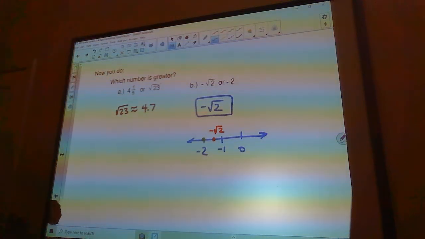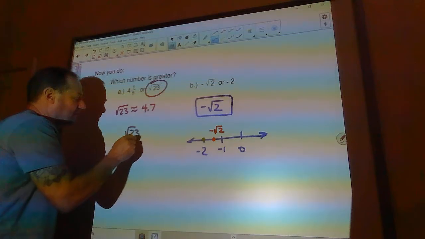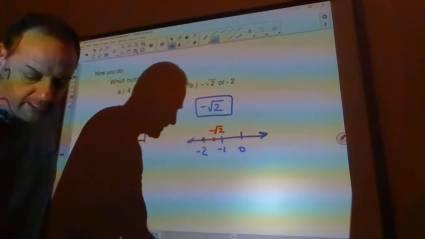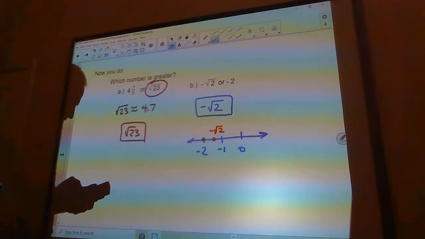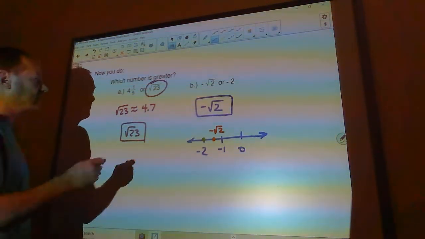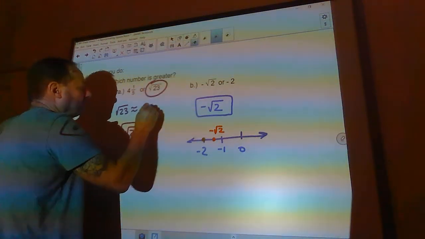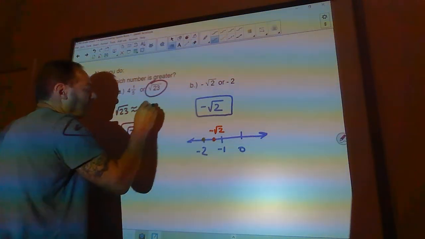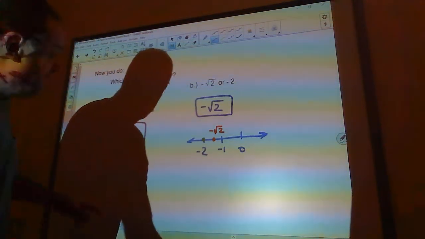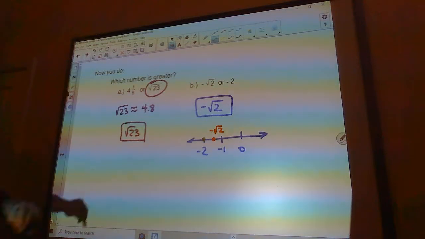Maybe 4.8. Okay, let's check that out. Square root of 23, 4.79. So actually, this was closer to 4.8. Okay, and 4 1/5 is 4.2 exactly. So the square root of 23 is the bigger one.